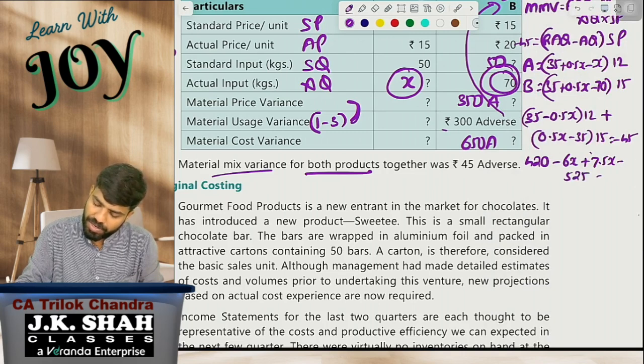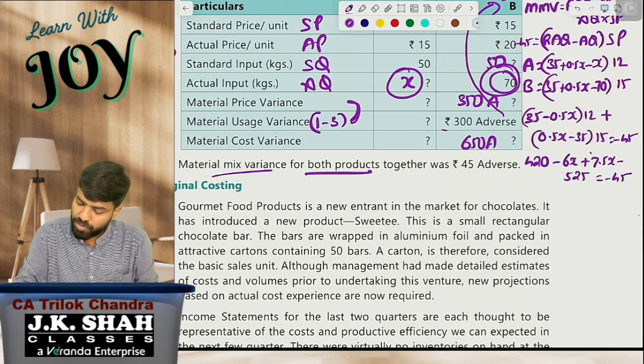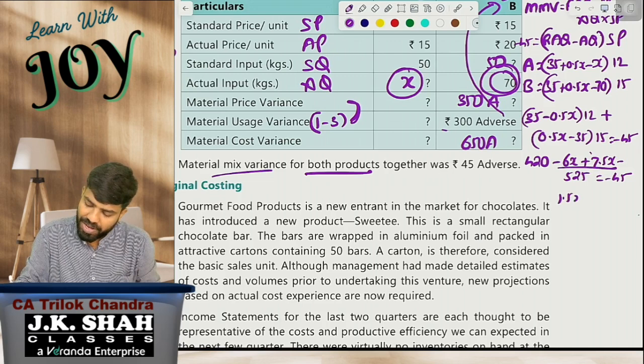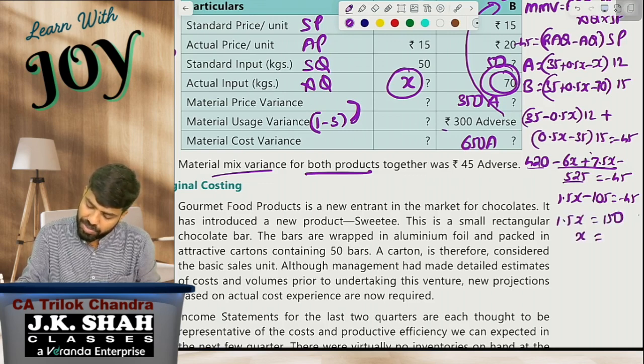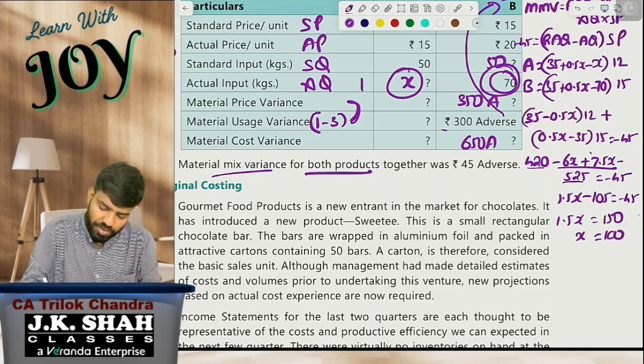Minus 525 equals minus 45. So the net amount is 1.5x. Here the net amount is minus 105 equals minus 45. So 1.5x equals 150. So x equals 100. So actual quantity is 100.